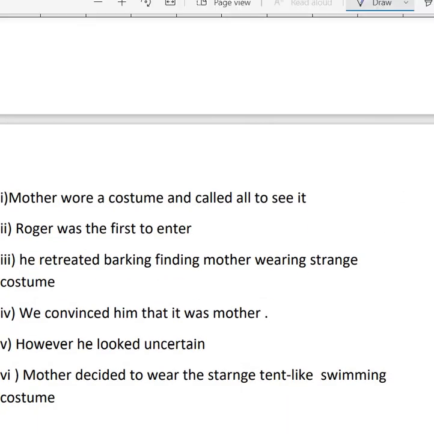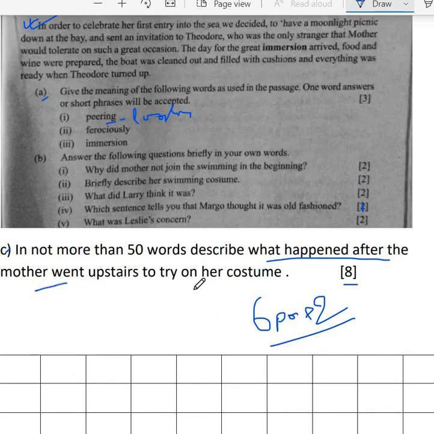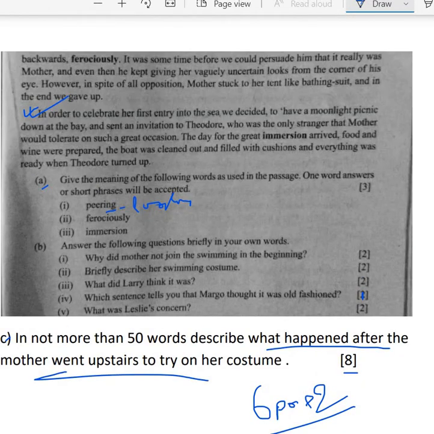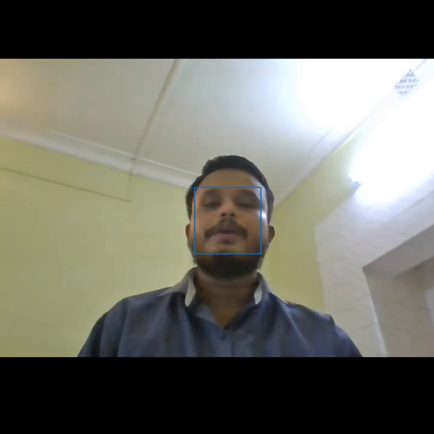The question asked here is, what happened after mother went upstairs to try on her costume? What are the things that you should remember while doing this answer? The first thing is that you can't use the same words which are given, blindly. You can't copy it. You will have to replace them with your enriched vocabulary.